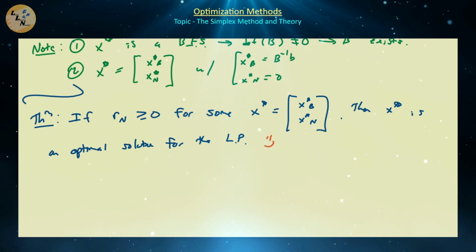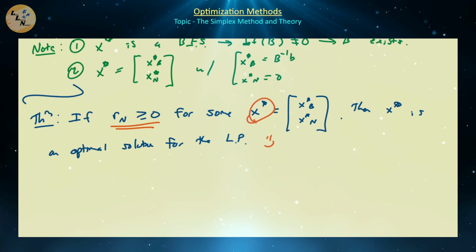Right? So if you have a basic feasible solution x star that generates a reduced cost vector that is always non-negative, then that suffices to show that x star actually is an optimal solution for the linear program, which is what we're actually going for, right?